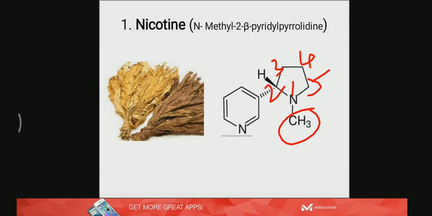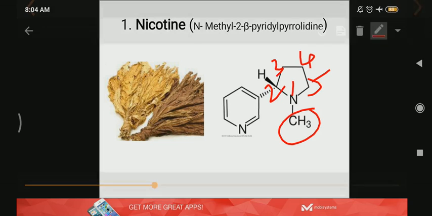So on position 2 there is a substitution, that is pyridyl. It's a pyridine, so we call it pyridyl. And the attachment of the pyridine ring is on the beta carbon; after nitrogen we can number the carbons like this: the first one is alpha, the second one is beta.